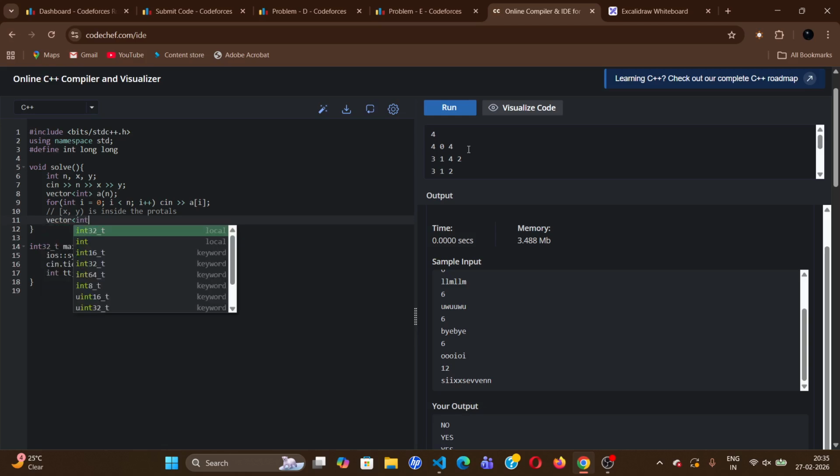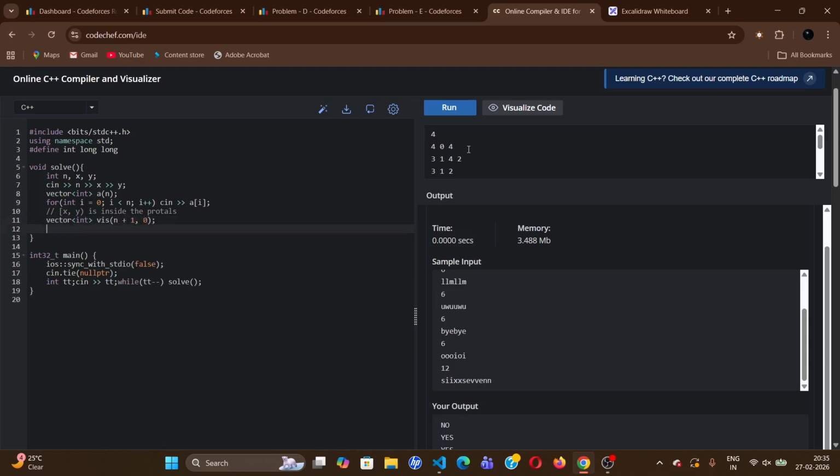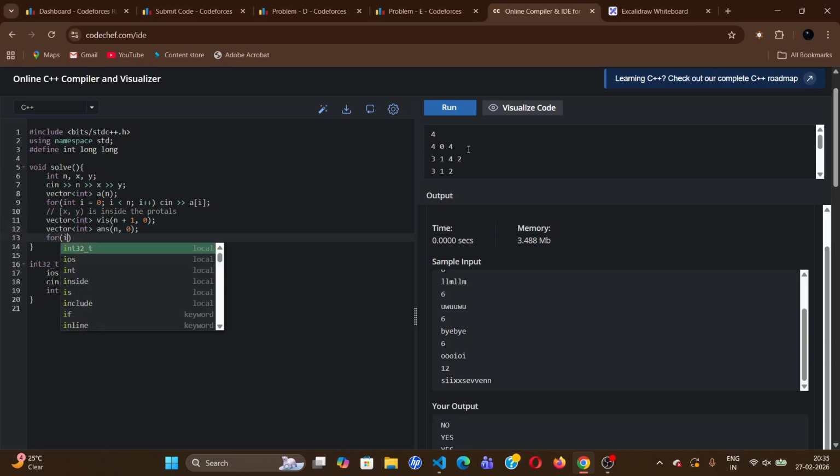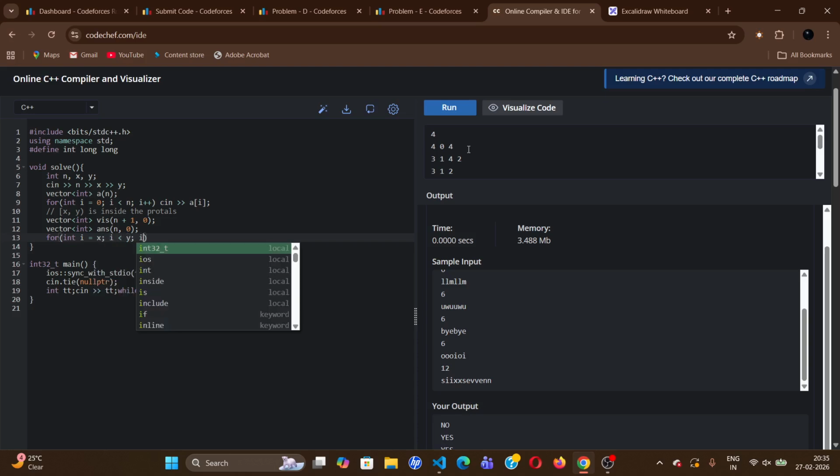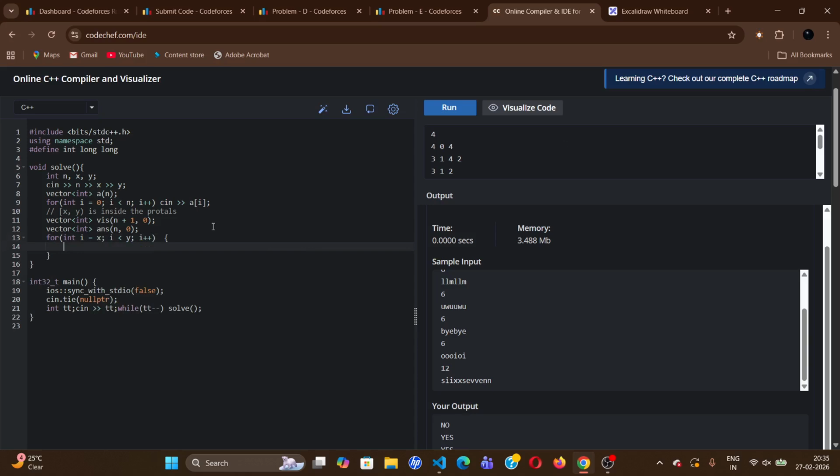So now, okay, visited a way of i plus plus, everything that is inside it.